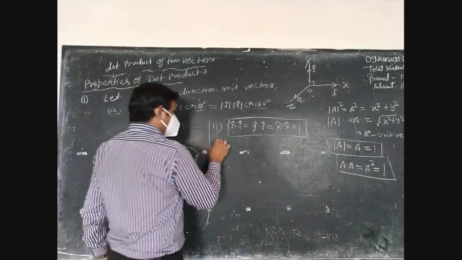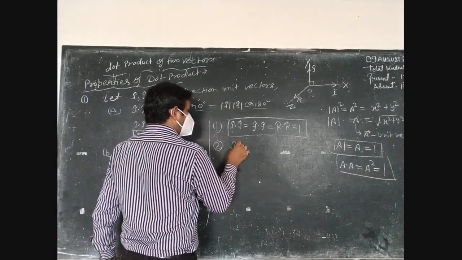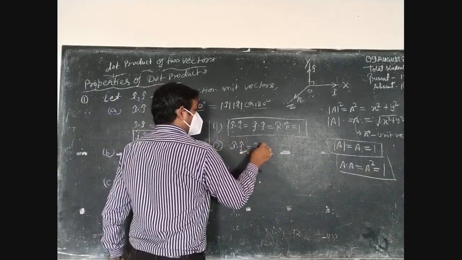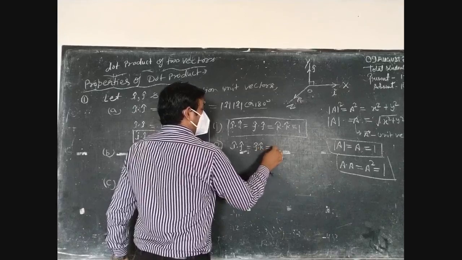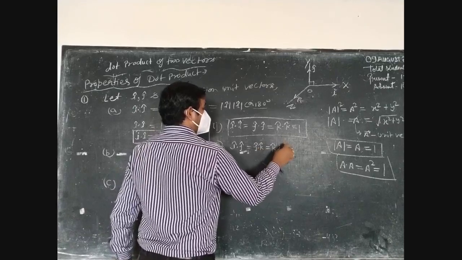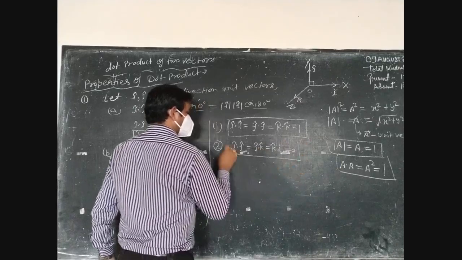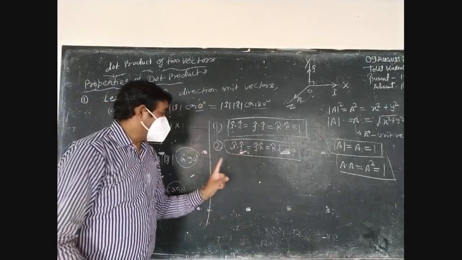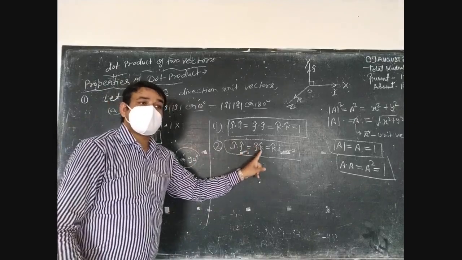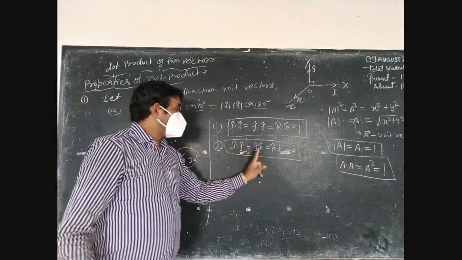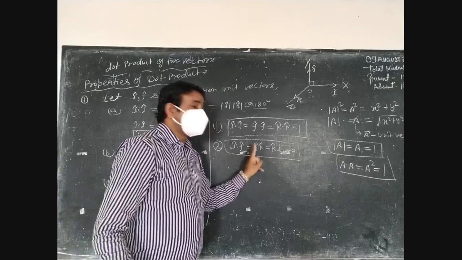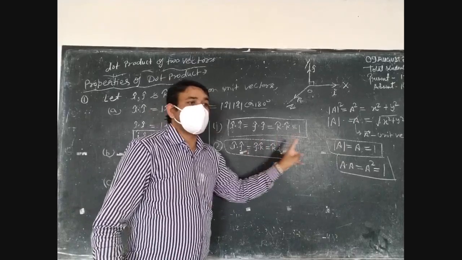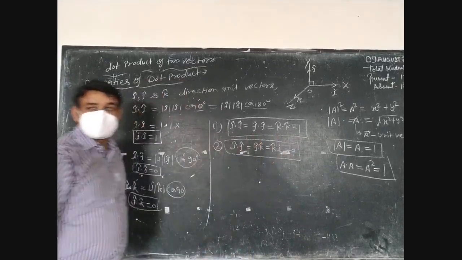And the second result is i dot j, j dot k, and k dot i are 0. You can also write i dot j, i dot k, then j dot i, j dot k, and k dot i, k dot j. The result is 0.